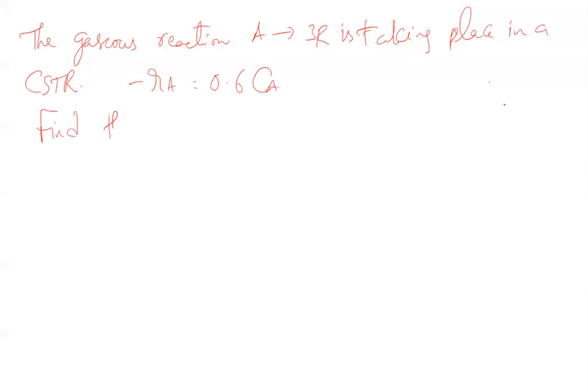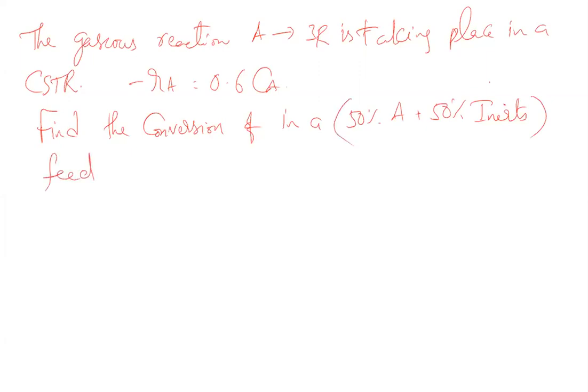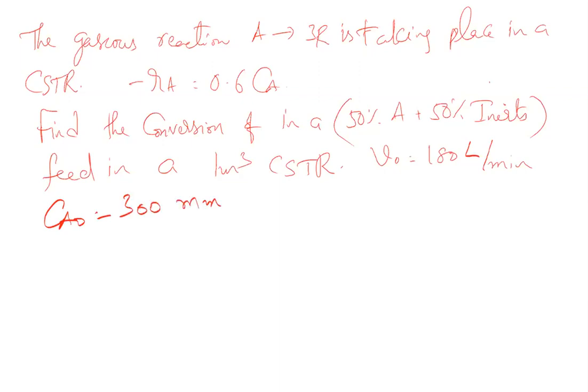Find the conversion of A in a feed of 50 percent A plus 50 percent inerts. That is the given data. The rate units are mole per liter minute.